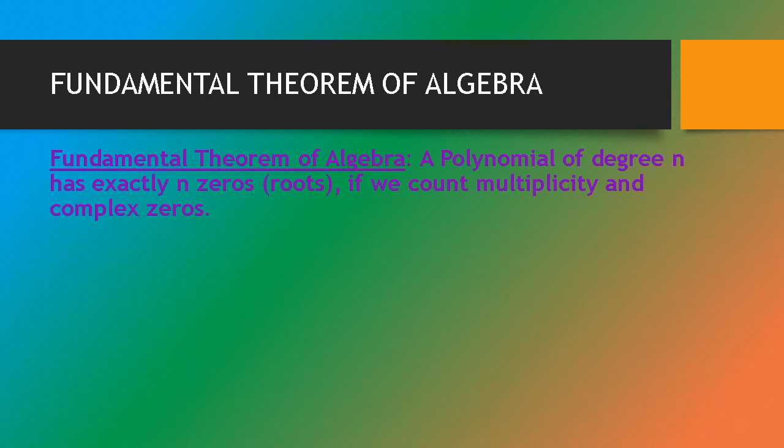The fundamental theorem of algebra says that a polynomial of degree n, okay, so that means that there are either n factors or that if it's in standard form, the highest exponent is n. So it could be a cubic, a quartic, whatever n might be. It has exactly n zeros.